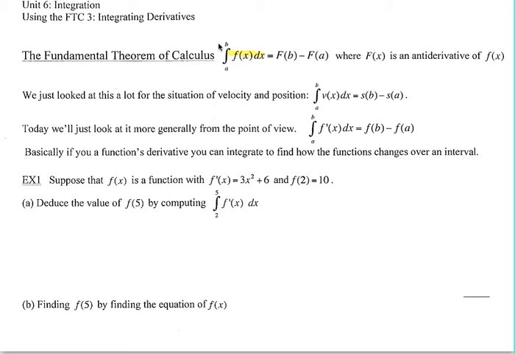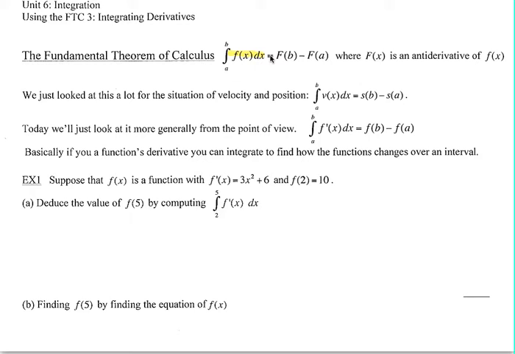The integral finds how much area there is between point A and point B, between the curve and the x-axis. And the fundamental theorem of calculus says you can do that by looking at the parent function, capital F here, and using it to figure out where did I start minus where did I finish. Fundamental theorem of calculus.